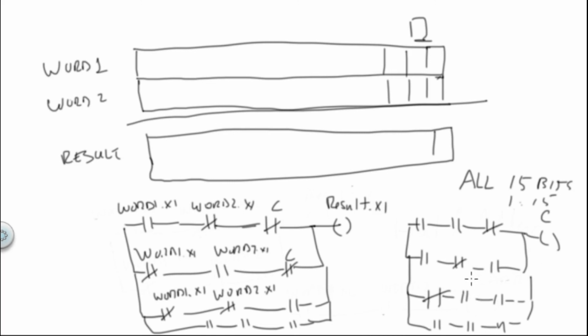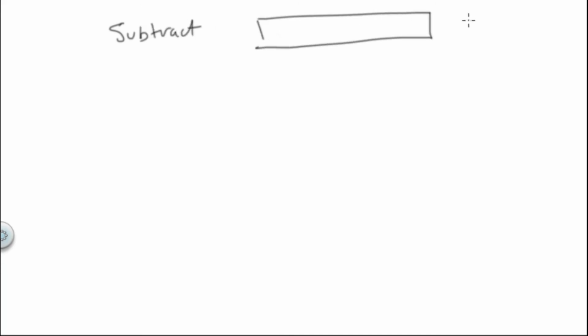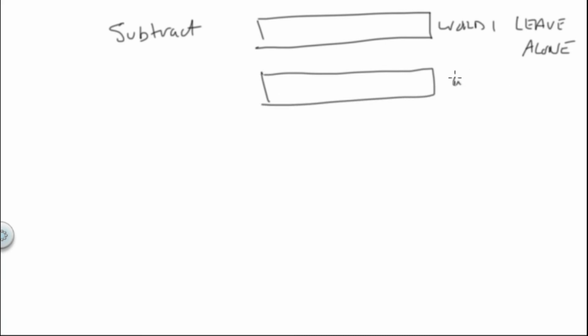Okay, that's an add. Now, how do you do a subtract? Well, if you remember your 2's complement, you take word 1 and leave it alone. Word 2, you take the 2's complement.